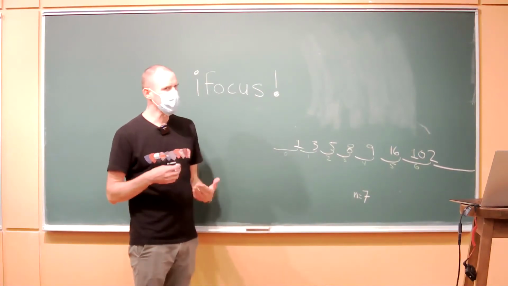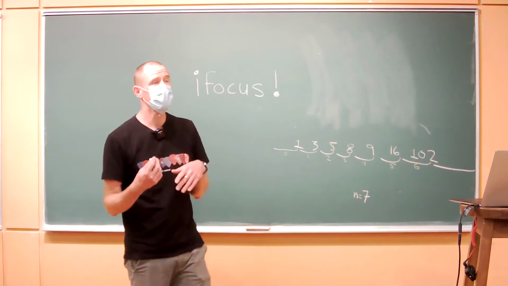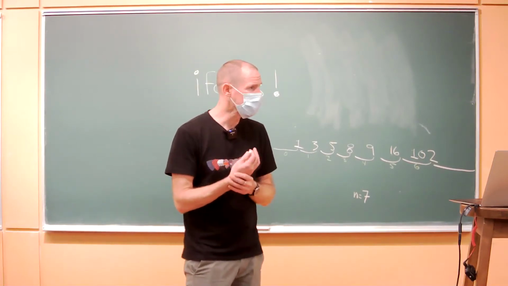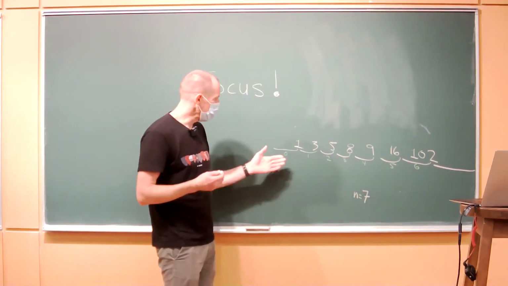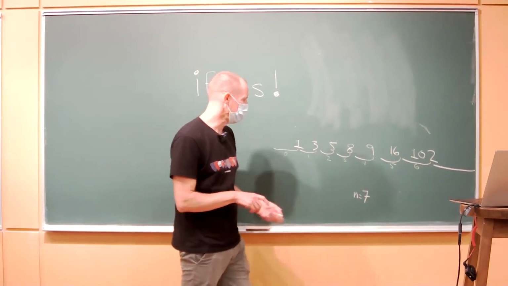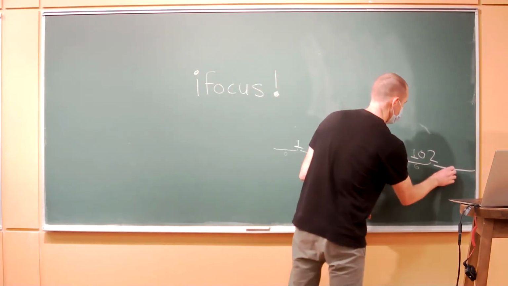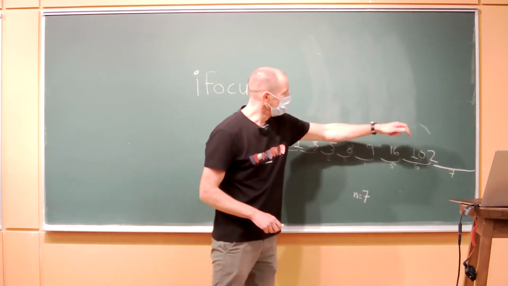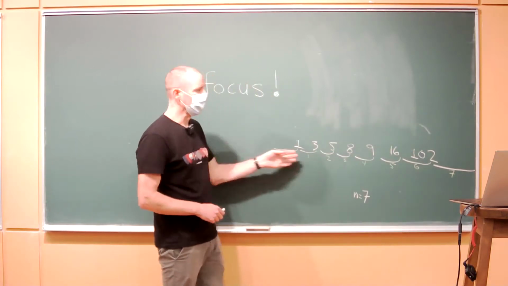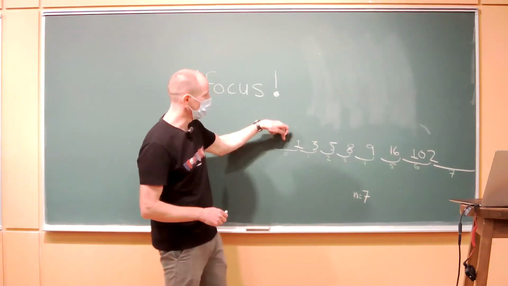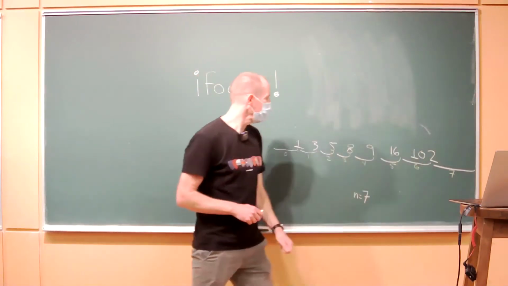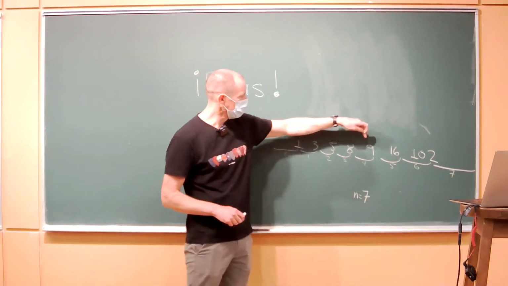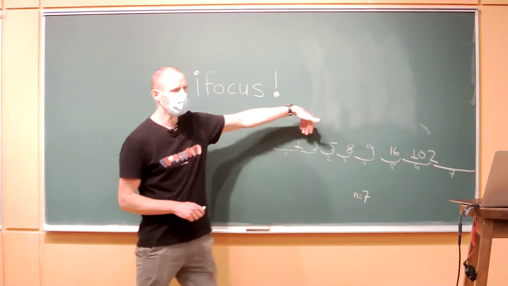When we search for X, we want the smallest value in the set that is bigger than or equal to X. Then if we have n elements, we have n plus 1 possible outcomes. And that's because n numbers partition the real line into n plus 1 intervals. Two of them are infinite intervals at either end, and the other ones are finite ones. And so there's n plus 1 possible outcomes.